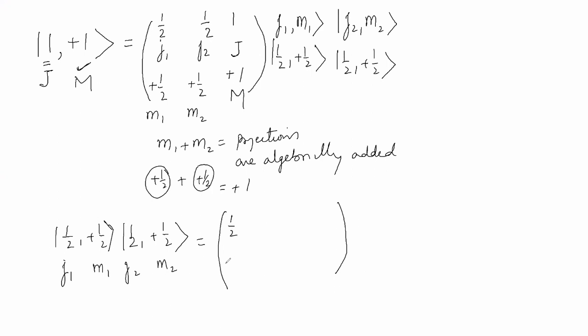Then you are saying that this is half plus half, this is J1, this is J2, this is M1, this is M2, and the point is this has got fixed because projections are algebraically added, while angular momentum will go from J1 minus J2 to J1 plus J2.